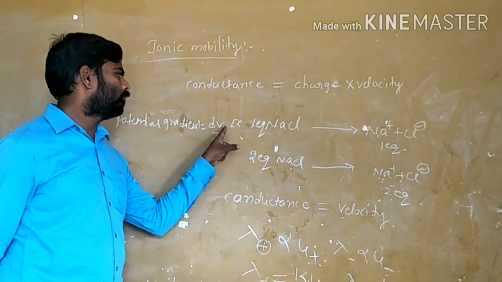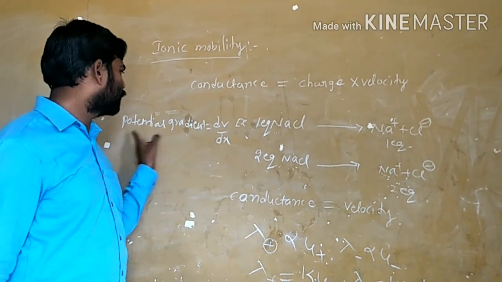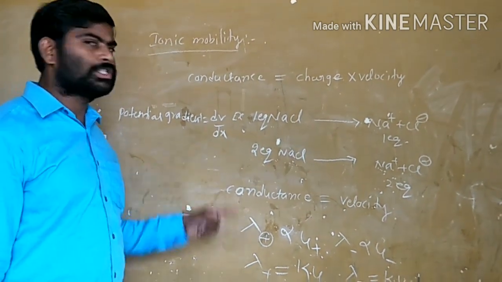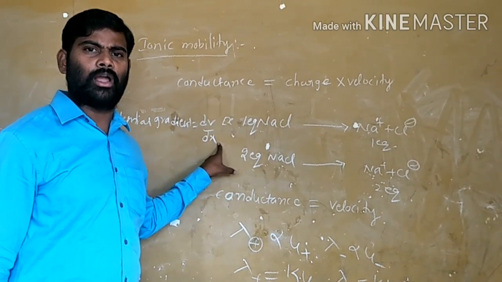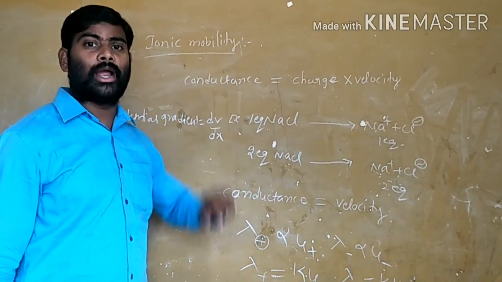When the potential gradient is 1 volt per centimeter, the speed of the ions is called the ionic mobility.